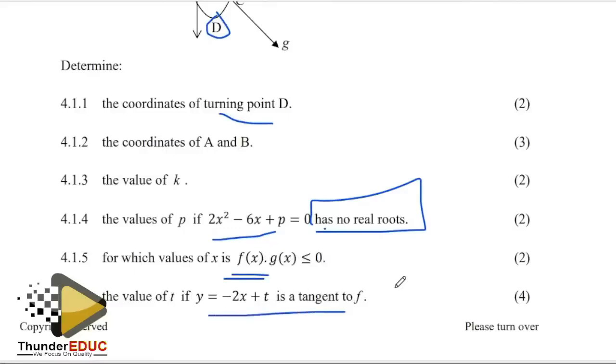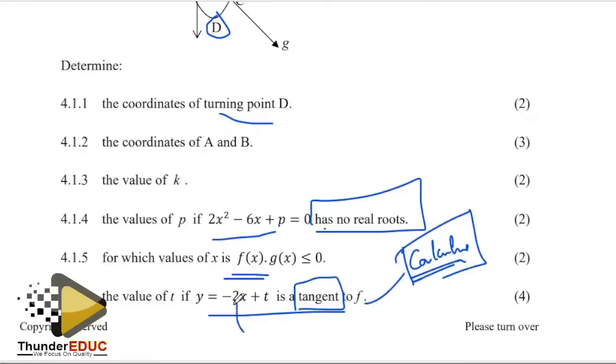And then with tangents, we need to also apply some bit of calculus sometimes. Calculus could be needed, especially with such questions of tangents, because there's going to be need for the gradient and all of that. They're telling us this is a tangent of f, but with this tangent, we can see that the gradient is clearly negative 2.